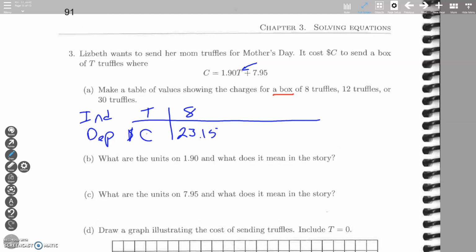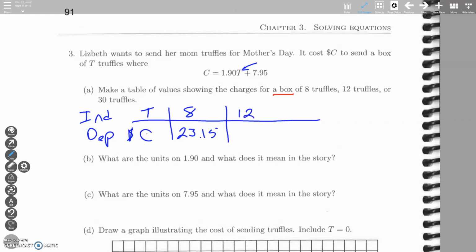We were told that those were dollars. All right. Put in that number 8 for T, do 190 times 8 plus 795, right? And that will give us $23.15.